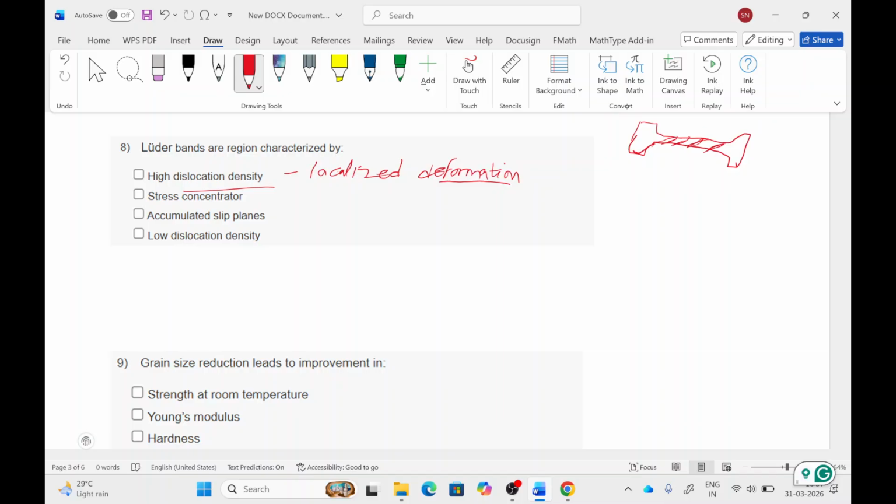So these occur because of the stress concentration in some region, high dislocation density, accumulated slip planes. So accumulated slip planes also favor deformation. And the fourth is low density, so it is wrong. So 1, 2, and 3 is correct for this.